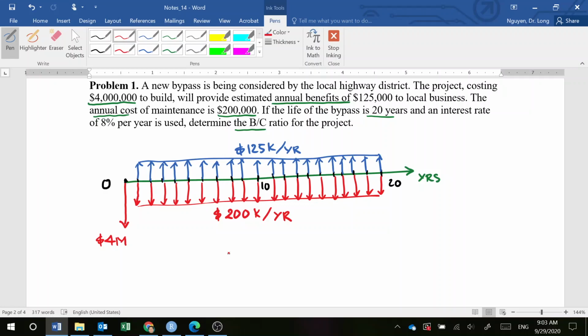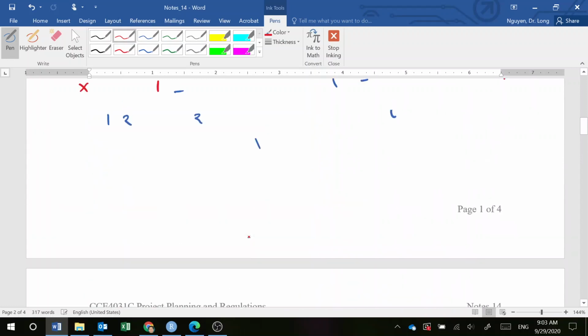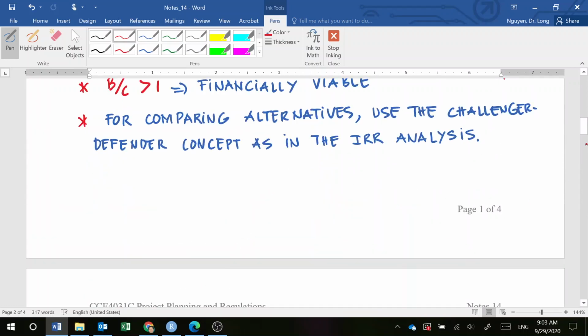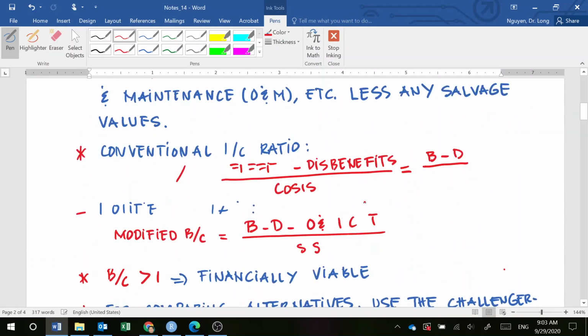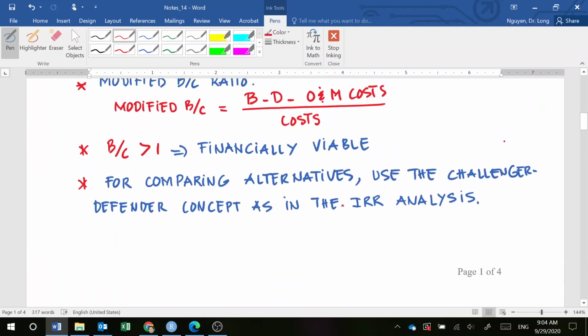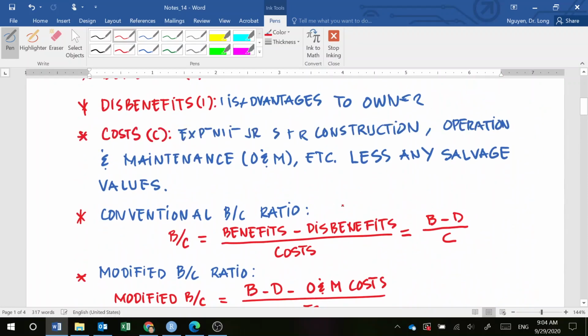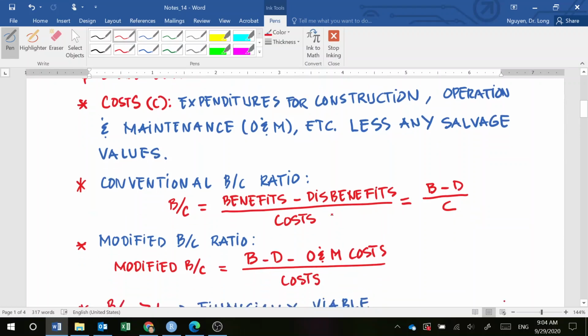You can convert the annual benefit of 125,000 per year to present value at time 0, and the operation and maintenance cost of 200,000 per year to time 0 to get its present value, and then compare the present values with the ratio that we learned in benefit cost analysis previously. We have the equation for the conventional method here, and of course our modified benefit cost analysis.